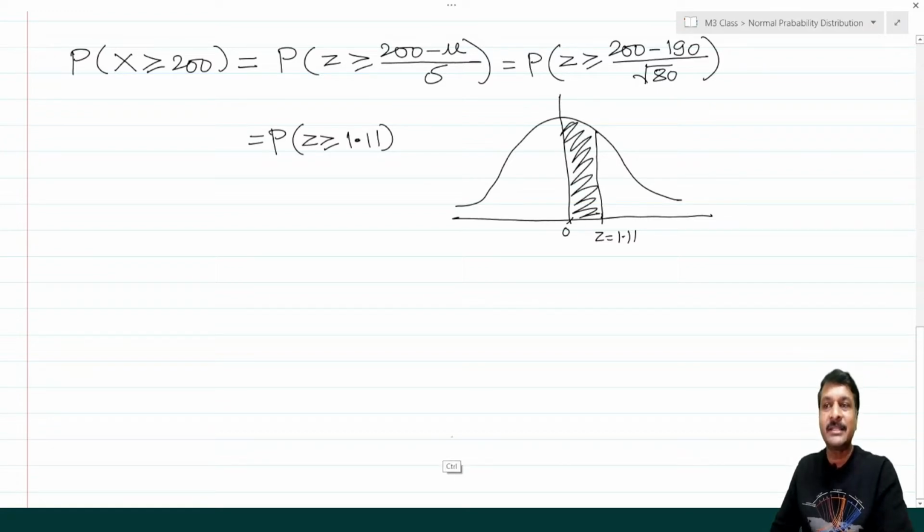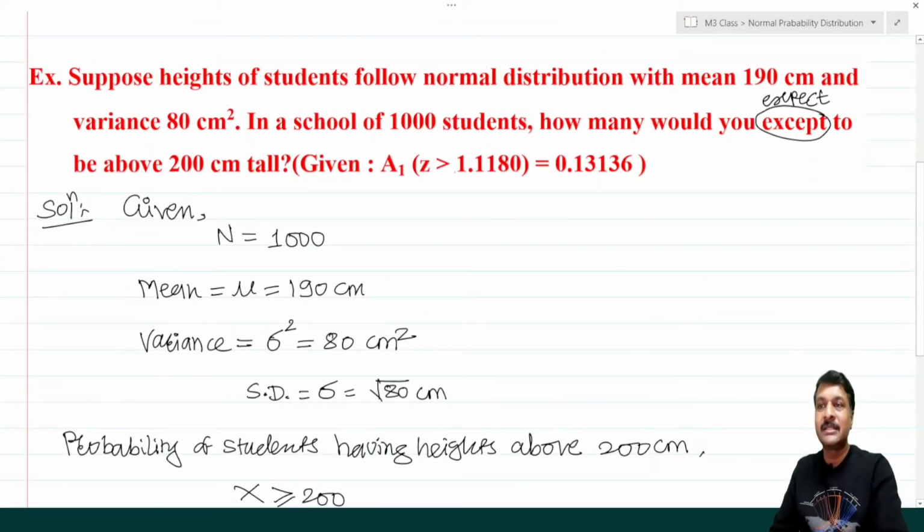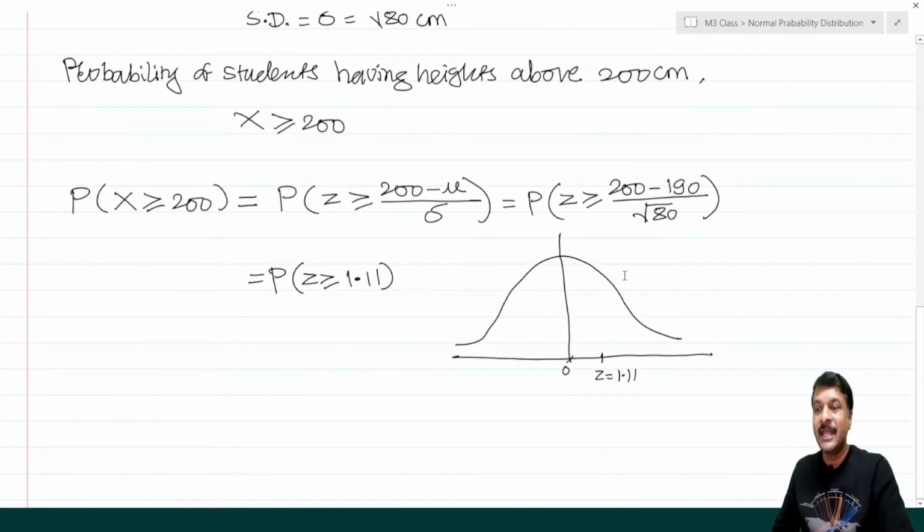But in this case, Z is greater than or equal to 1.11 and given area, this Z is greater than 1.1180. Actually that value I am getting by calculator, 80 also there. So Z is greater than or equal to 1.1180. So this value is given. See here, what is this area? So that area is what?